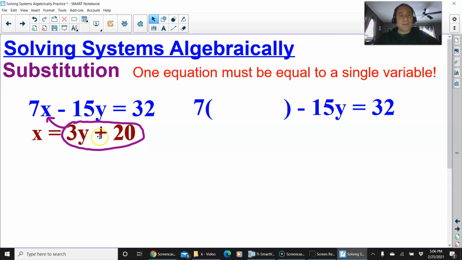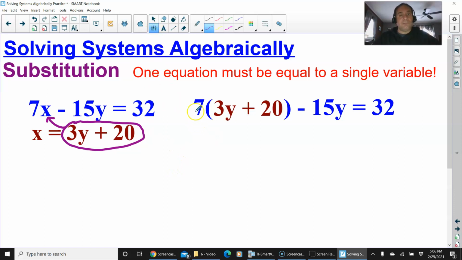So I'm just going to take this x, which is equal to the expression 3y plus 20, and substitute it right in for x.